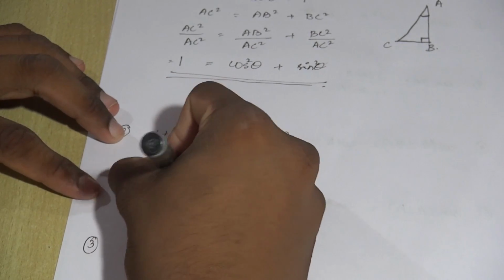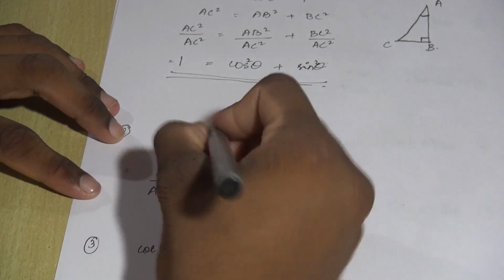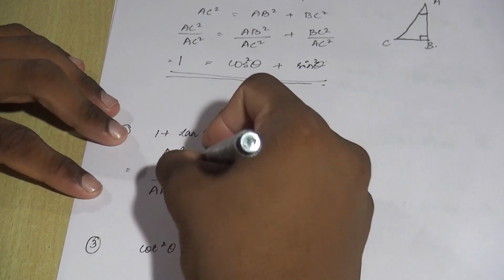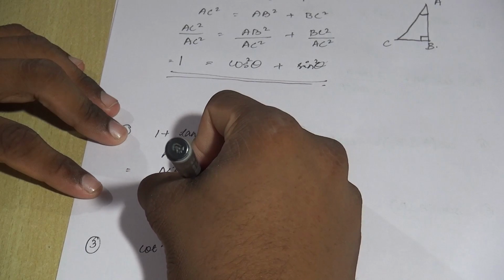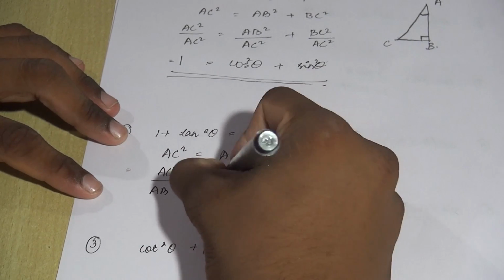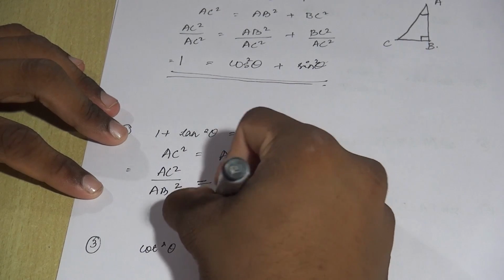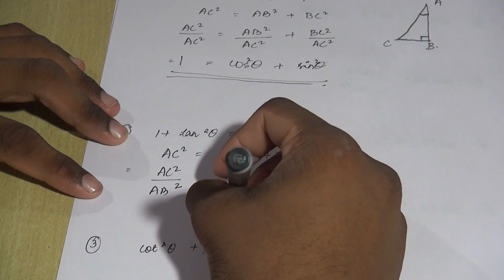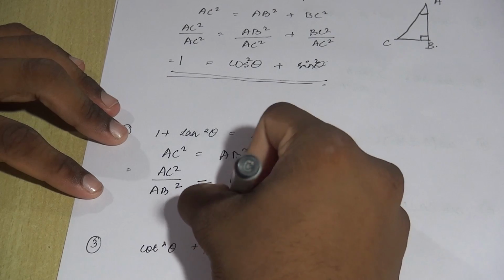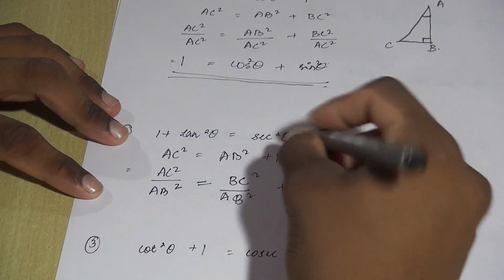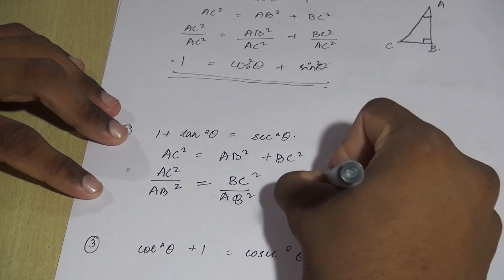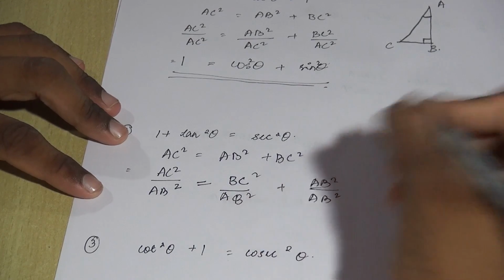You get AC squared by AB squared is equal to BC squared by AB squared plus AB squared by AB squared.